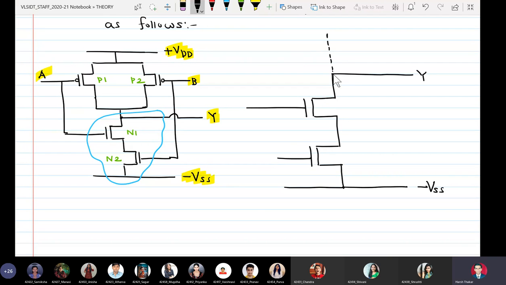We are going to consider the body terminal also here. If I show the body terminal, then it looks like this. Similarly, the second NMOS. So we have B2, B1.